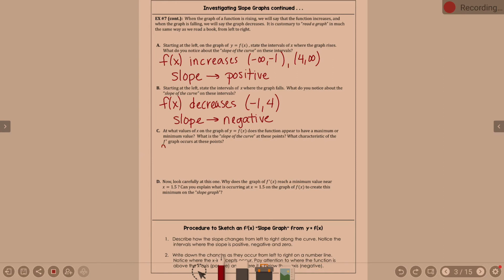So, I'm going to use the word relative because this wouldn't be an absolute max or min. It would be a local or relative. There's a relative, what do you want to do first? The max came first, didn't it? Where's their relative max at? When x was approximately -1?